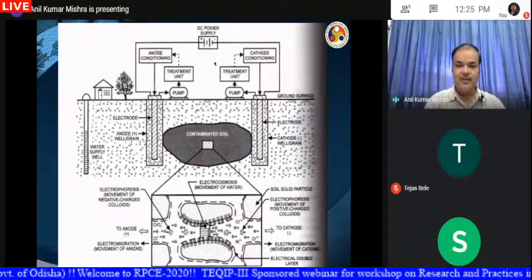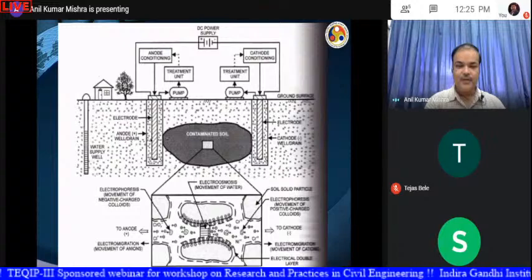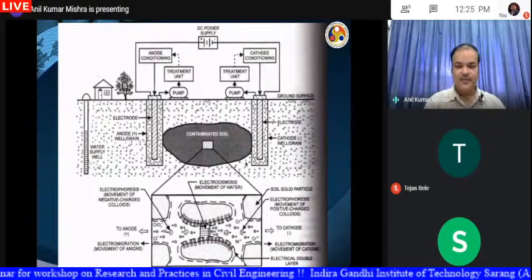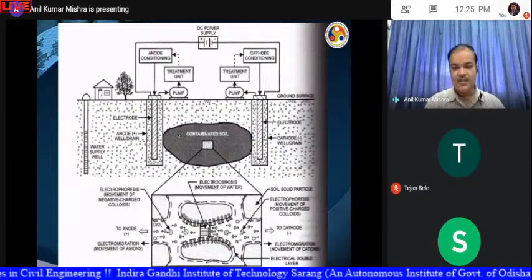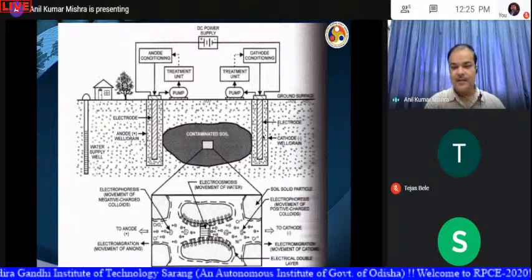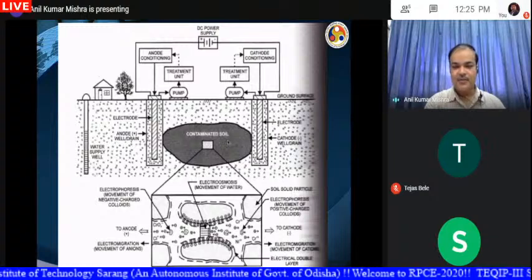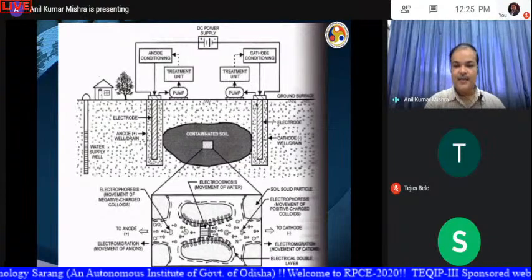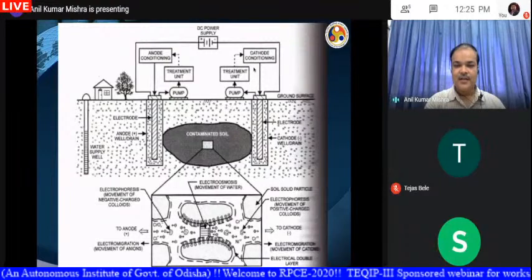When we apply some electrical potential, the contaminant will move towards the opposite charge, towards here. Say, for example, if this is your anode, this is positive charge, then the negatively charged contaminant will move towards here, and here similarly the positively charged cations will move, and then it will be extracted using some techniques.